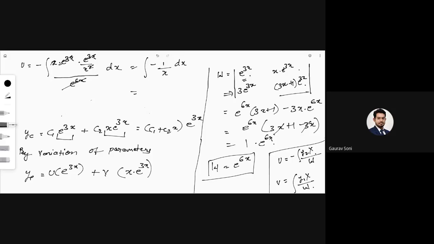Atharva, was it you? Yes, log x. Yes, Atharva is right. So integration of 1 by x is log x. So minus, being a constant, can come outside. Integration of 1 by x is log x. This is the value of u. Now I will find out v.